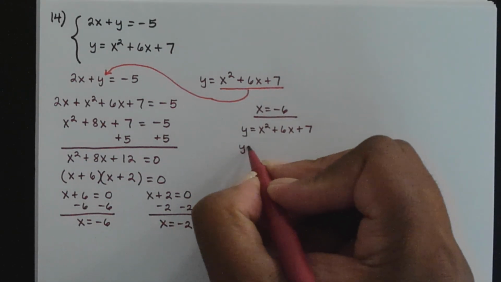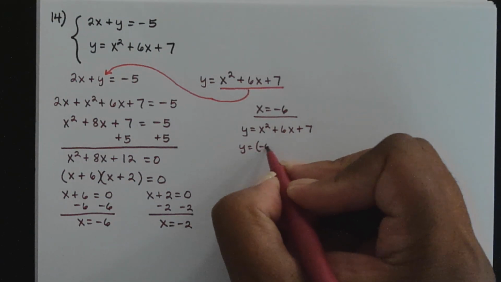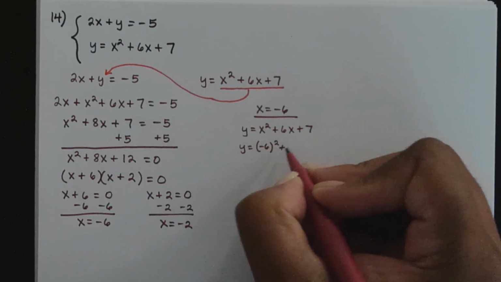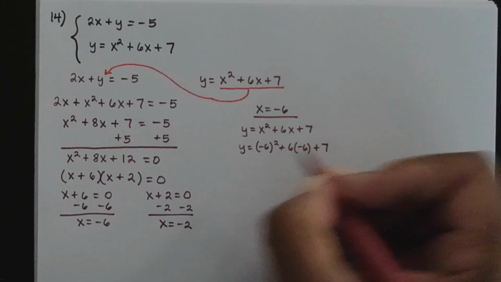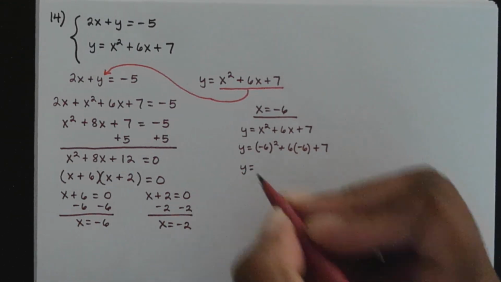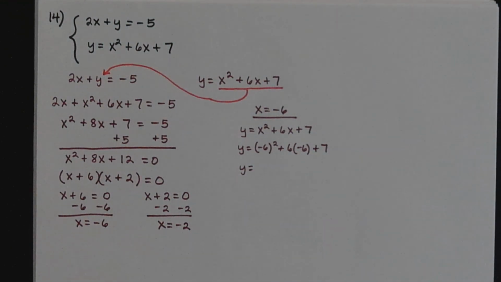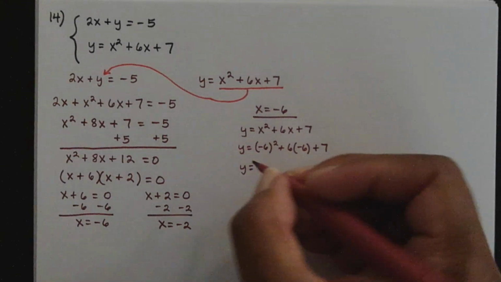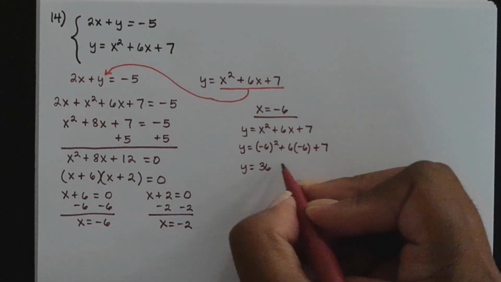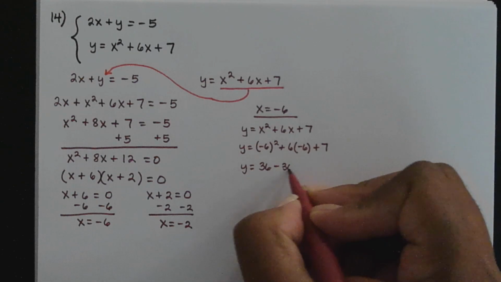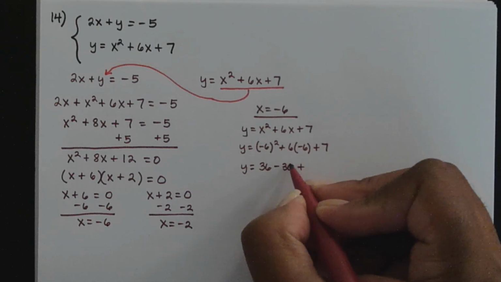And then we're going to substitute every x in that equation with negative 6. So here in this case, negative 6 squared, that's negative 6 times negative 6, which is 36. Plus 6 times a negative 6 will be minus 36.